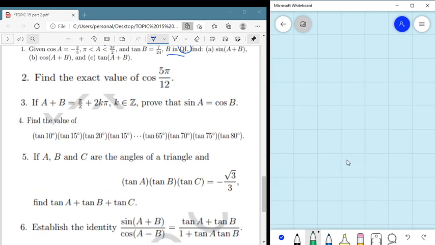Okay, let's proceed to example number 2. We are to find the exact value of cosine 5 pi over 12.